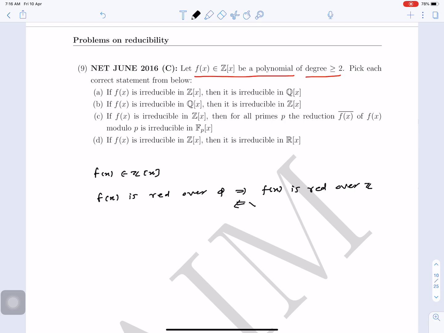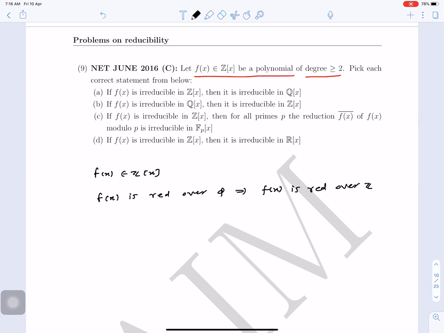Converse is true if f(x) is monic, and here it is not given that f(x) is monic. Right. So f(x) is reducible over Q implies it is reducible over Z, and converse is not true.